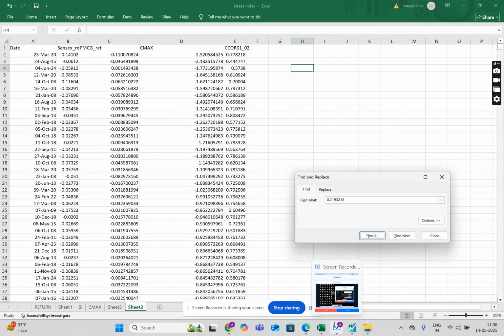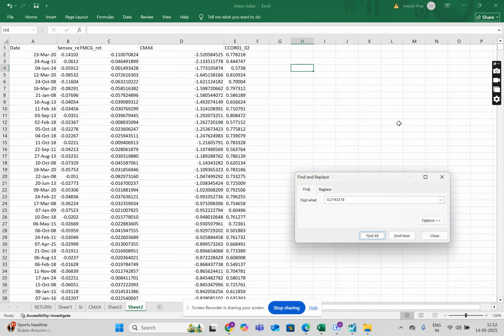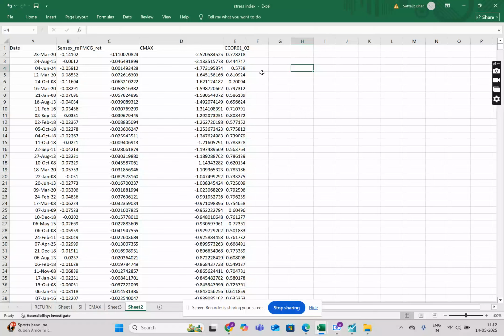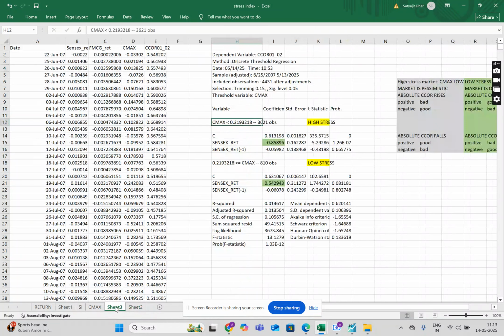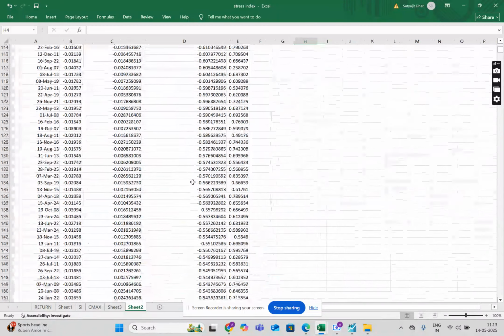Give me 1 second. Hello, everybody. Let us continue. So, okay, I didn't find that value, turns out. So, what was that value? 0.2193218. Okay, so let me find it for Cmax.